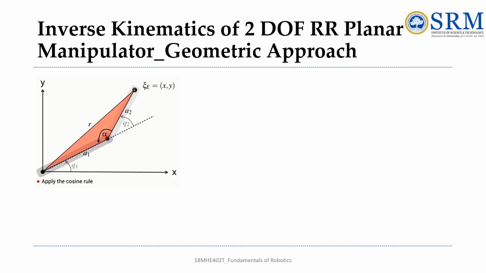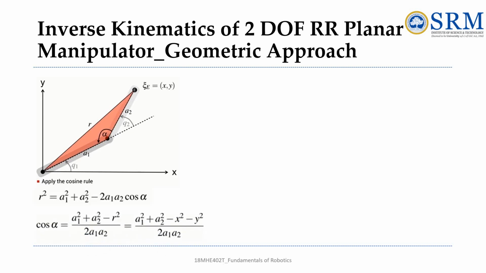Now considering only the upper part, with the reverse angle as alpha, applying the cosine rule gives r square equals a1 square plus a2 square minus 2a1a2 cos alpha.